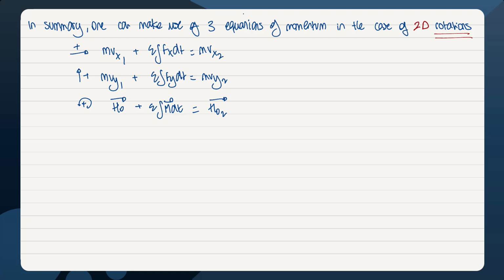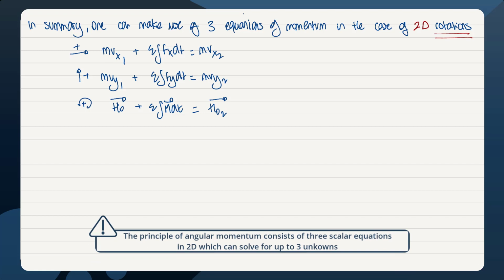So with the principle of linear momentum and angular momentum, we get three scalar equations, so they can solve for up to 3 unknowns.